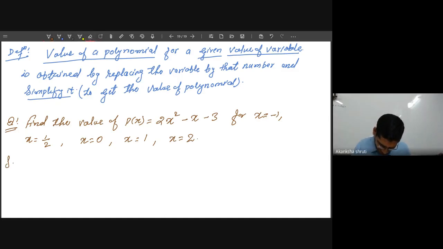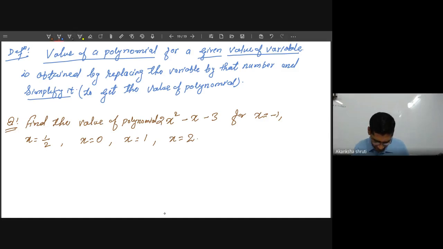So students, very first we have to write the polynomial as it is. Sometimes even this much statement is not written; only the polynomial is given, so find the value of the polynomial 2x square minus x minus 3 for this value.